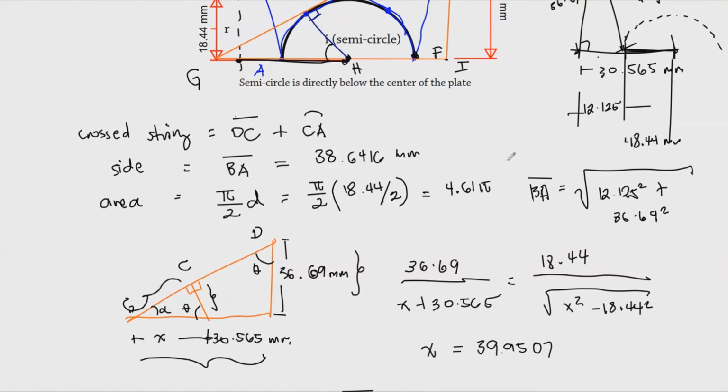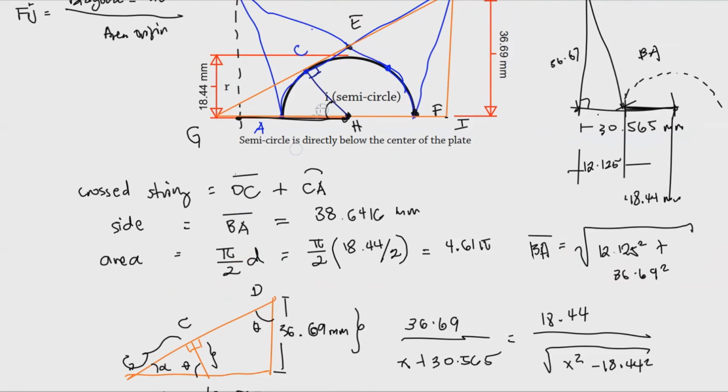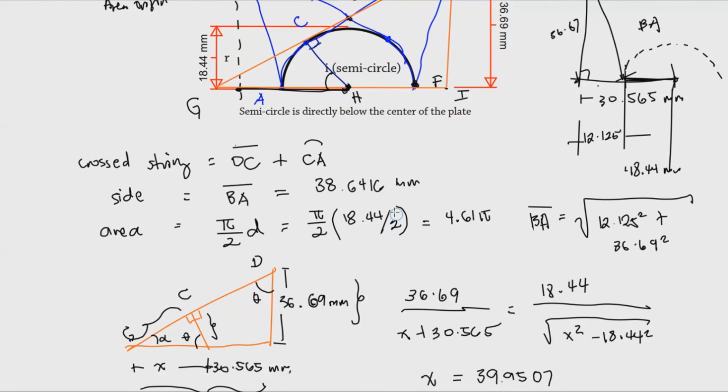Since this is the diameter and 18.44 is actually the radius, it should be 18.44 times 2.